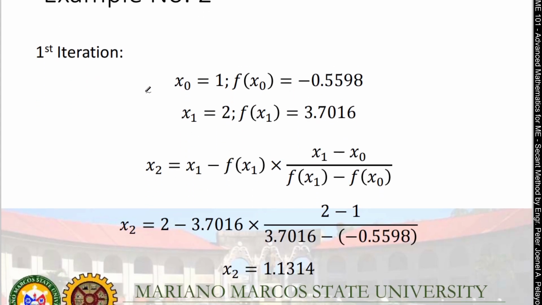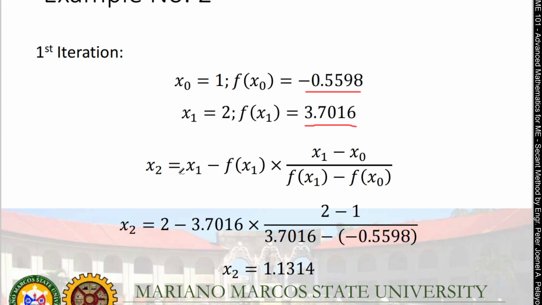So, first iteration, X0 natin is 1, X1 is 2. So, f of X0 is negative 0.5598. Sinubstitute ko na yan dun sa equation. And then, f of X1 is 3.7016.